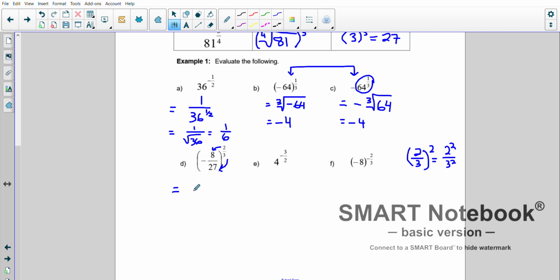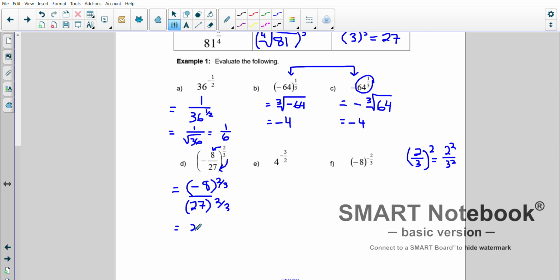So if I were to do that here, and again we kind of have this negative hanging out in the middle, and as you know, I kind of like to put that in the numerator. So this would be 8. I'm going to apply this exponent to the numerator and the denominator. And now I'm just going to evaluate these separately.